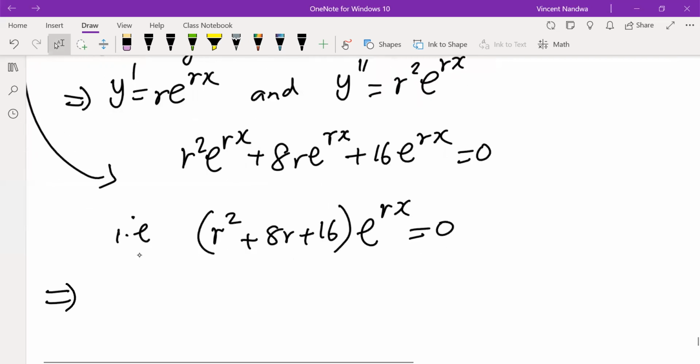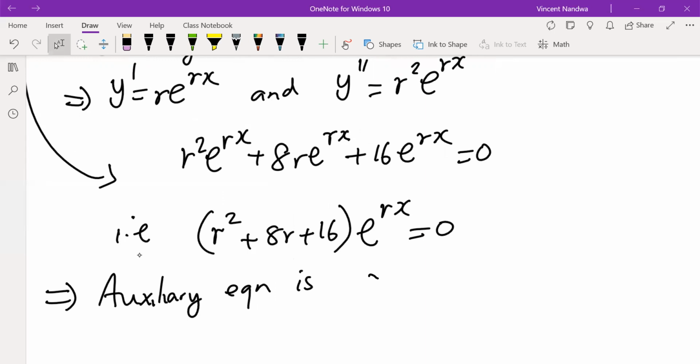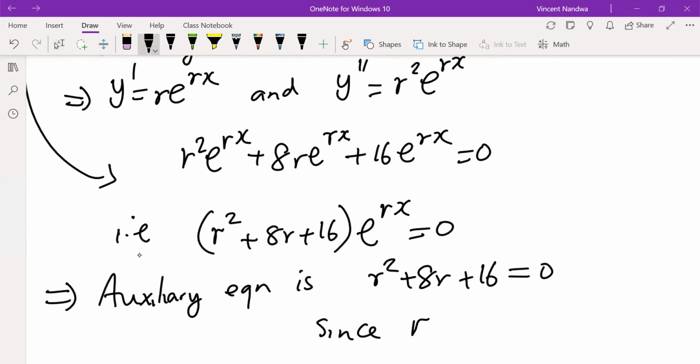So this implies our auxiliary equation is r² plus 8r plus 16 equals 0, since the exponential part is always non-zero.